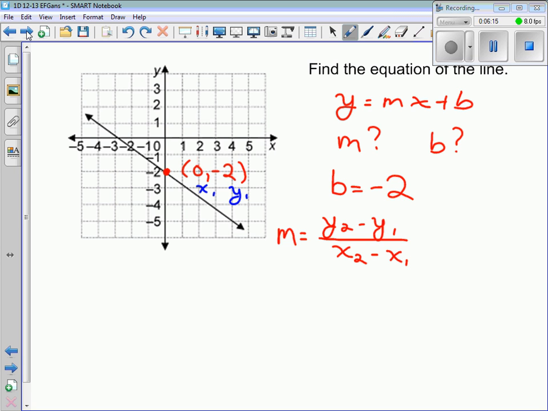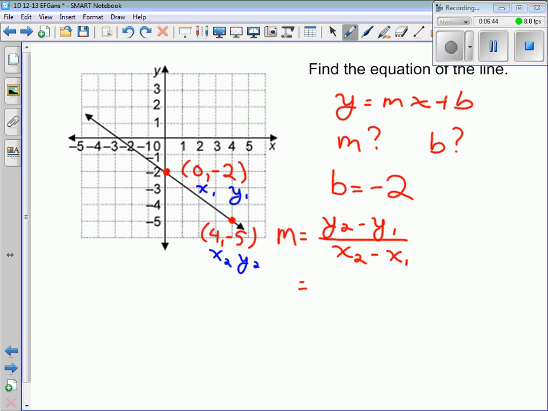Let's get another point that we know is on this graph here. What do you think here? What's another point that we can use? Nicole. 4, -5 is a good one, yep. So let's label that one as well. 4, -5, and we'll use that as our x2 and our y2.